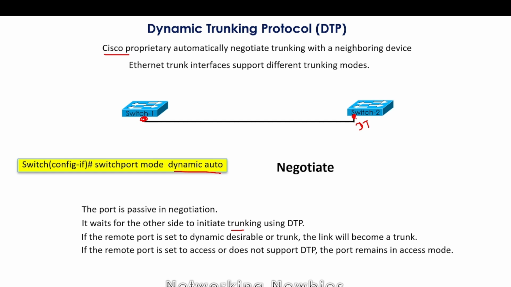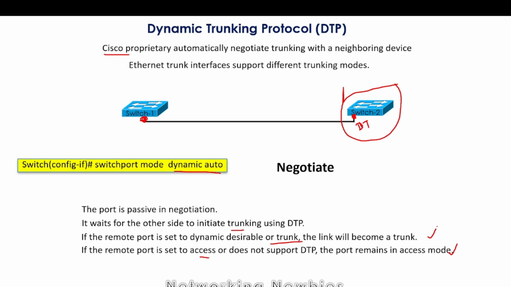So depending on the negotiation, this port of this switch can assume the role of access port or trunk port. You can see here it can assume the role of trunk port only in this condition, and it can assume the role of access port in this particular condition.